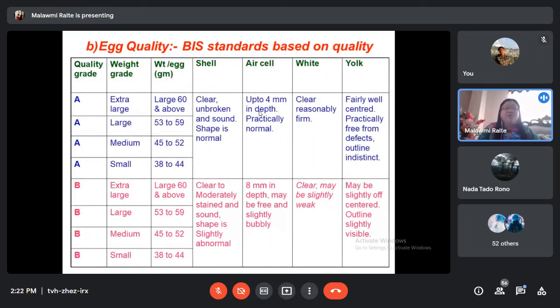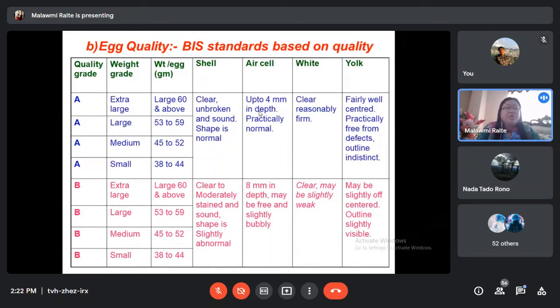So there are two types of quality, grade A and grade B. All this blue color is grade A and the other color is grade B. So according to BIS standard, based on quality, there are grade A and grade B. And within grade A and grade B itself, the weight grade, then the size, the shell, air cell, white, that is albumin part, and the yolk is different.